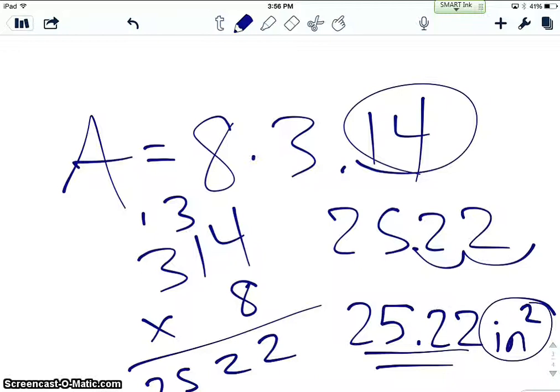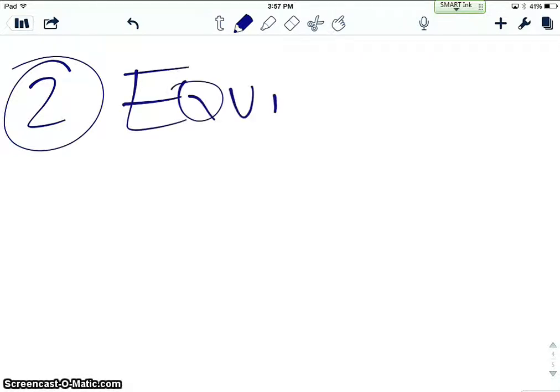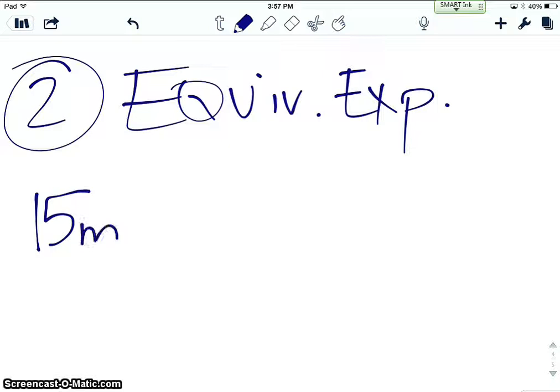All right, let's move on to the next thing being tested, which is writing equivalent expressions. So second one, writing equivalent expressions. Let's try something here. Let's try something like 15m plus 3m parentheses 6.